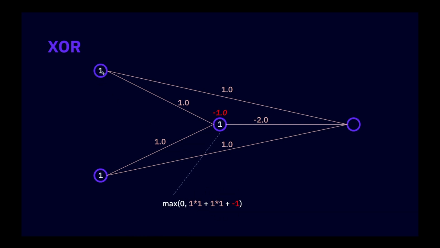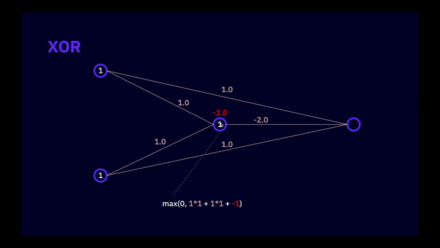And we see input 1 times 1 is associated here, and input 1 times 1 is associated here. And then we have our bias value. So we expect to see 1 plus 1 minus 1, which is 1. When we take the maximum value between 0 and 1, of course 1 is bigger than 0, so this node is now set to a value of 1.